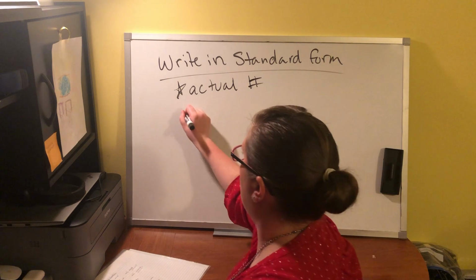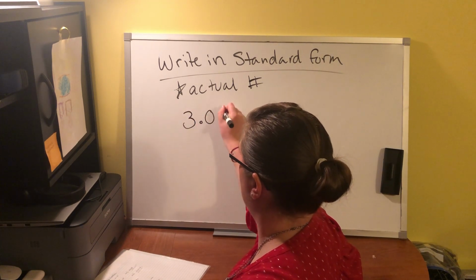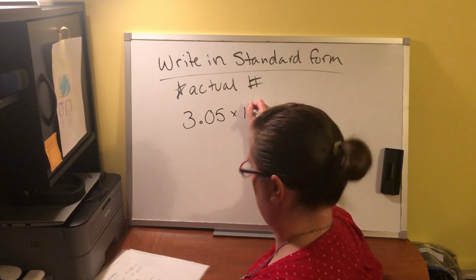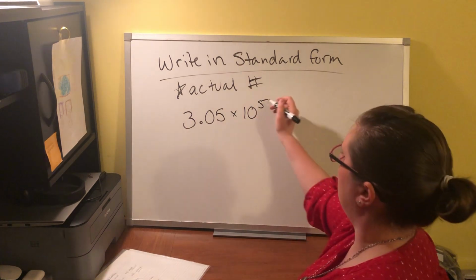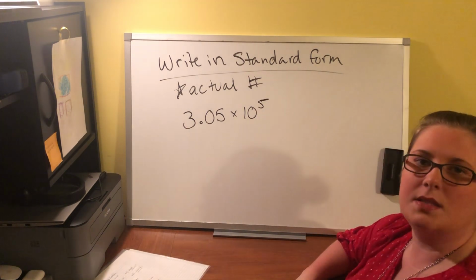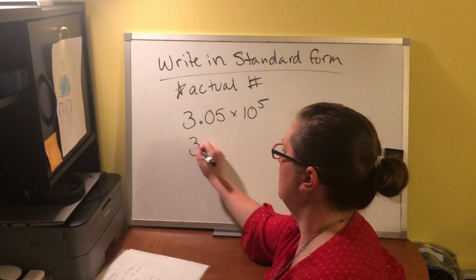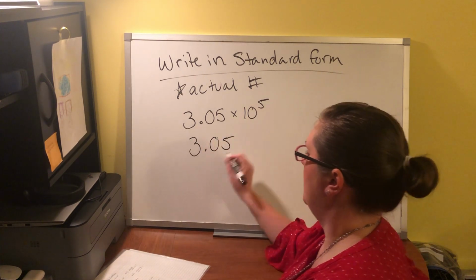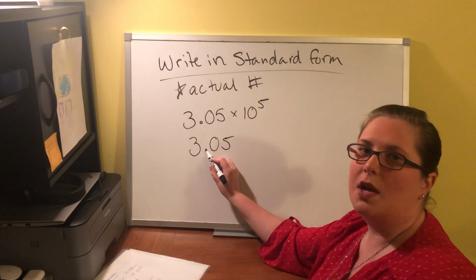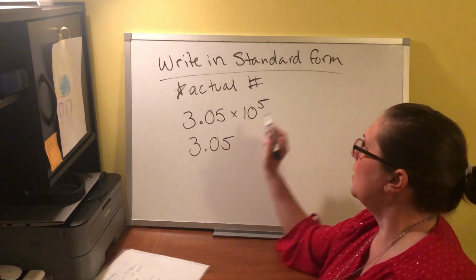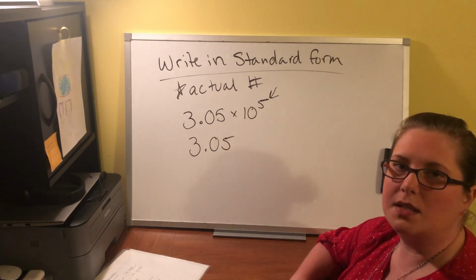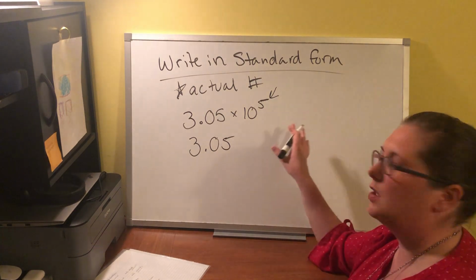Okay, so let's look at 3.05 times 10 to the 5th power. They want it written in standard form, so they want the actual number. So what you're going to do is you're going to take this 3.05 and you're going to move the decimal to the right 5 times. Now how I know it's the right is from the exponent, okay? The exponent's telling you where to move.